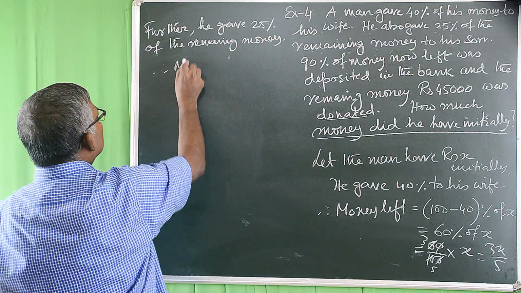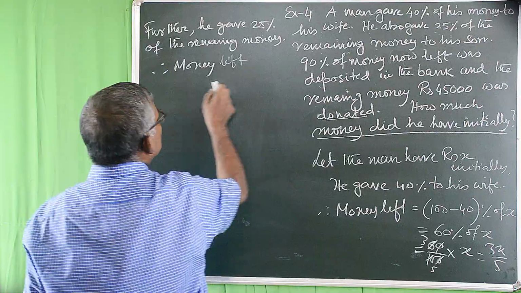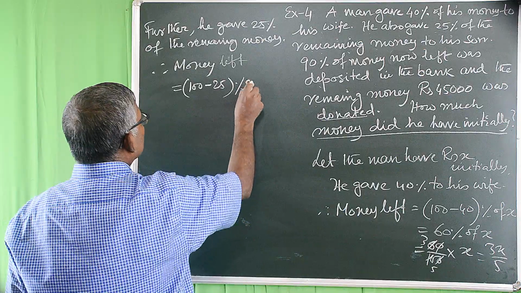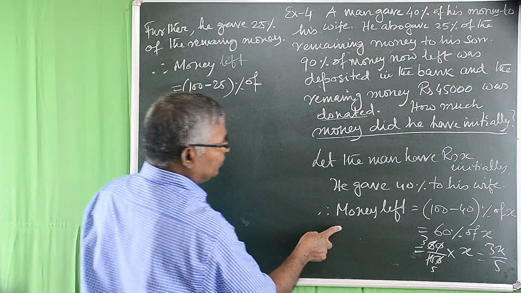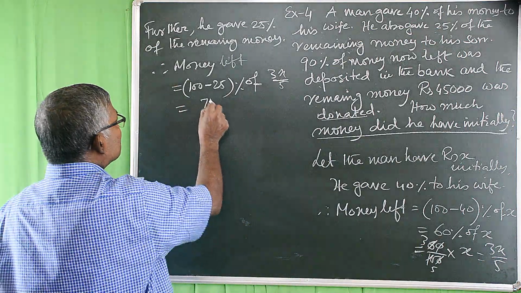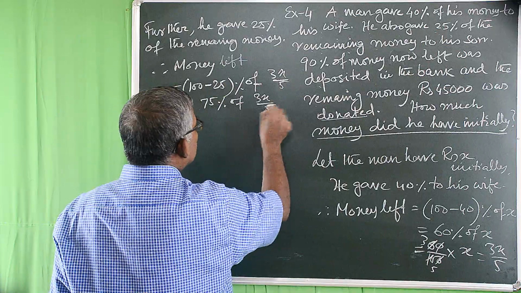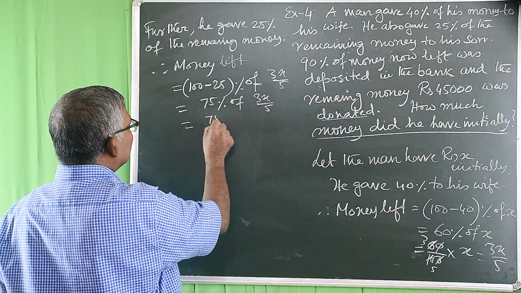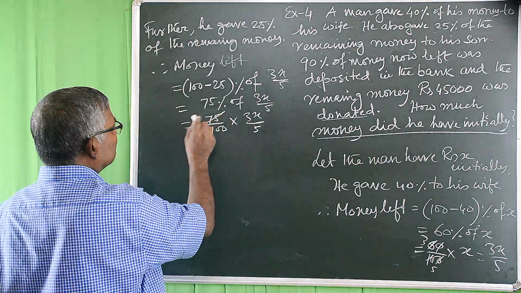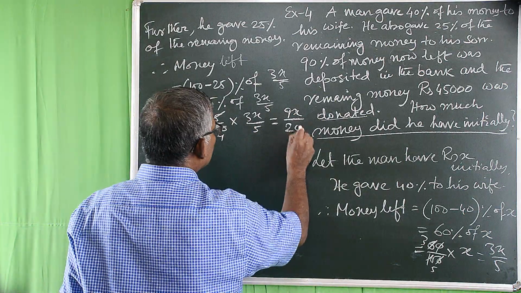Therefore, money left equals 100 minus 25% of the balance money, that is 75% of 3x by 5 equals 75 by 100 into 3x by 5 equals 9x by 20.